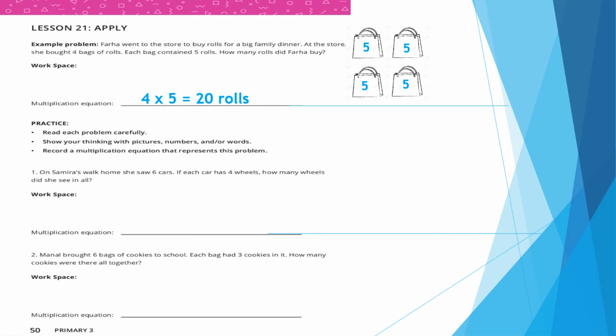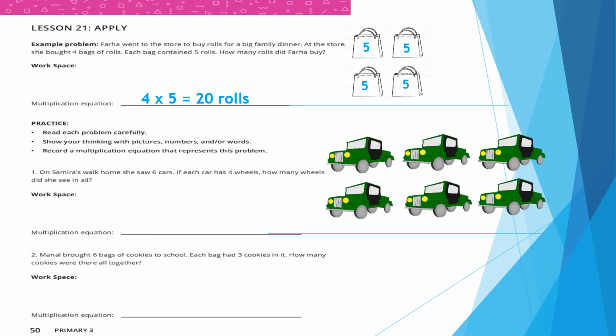Look here, we have 6 cars. Each car has what? Each car has 4 wheels. So we have 6 cars and each car has 4 wheels. How many wheels did she see in all?